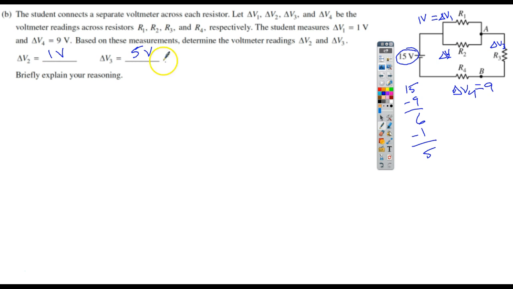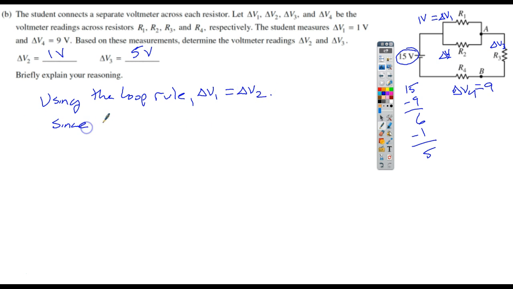Now they want us to explain why that is. So to do that, we're going to start with using the loop rule. We know that the change in V1 has got to be equal to the change in V2.